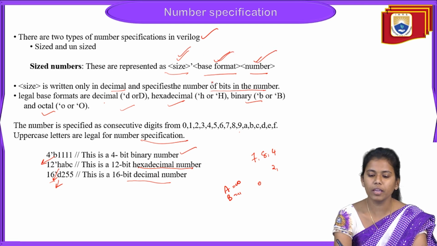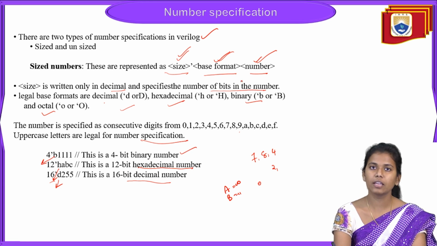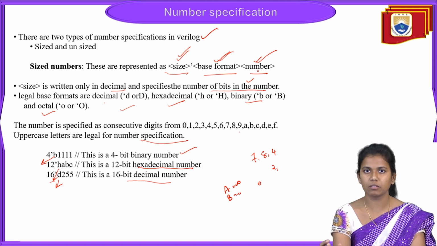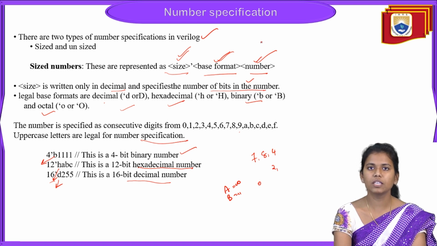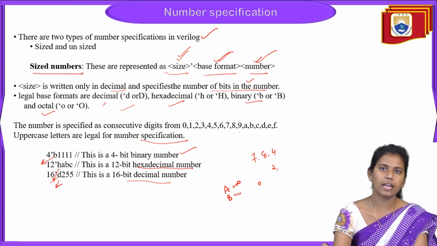The size is specified based on the number of bits the number contains. The base format is hexadecimal, binary, octal, and also decimal. And the number is the number that you specify. So this is how we write the representation of the sized numbers.